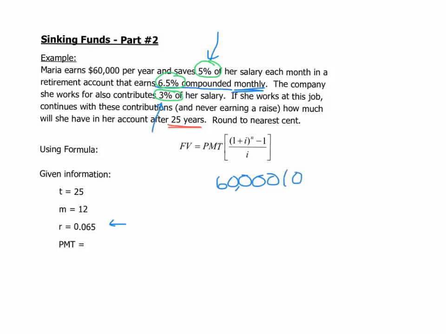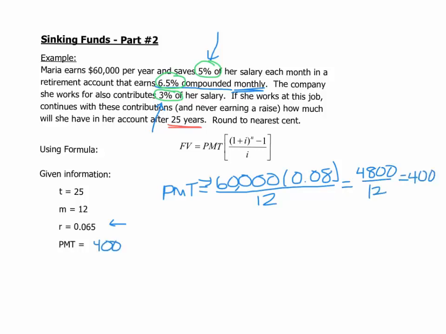So a total of 8% is how much is being contributed. Now, this would be the annual amount that she's contributing, so in order to get the monthly amount, we would have to divide by 12. So the amount of the payment is going to be the 60,000 times 0.08 divided by 12. This turns out to be $4,800 divided by 12, or $400.